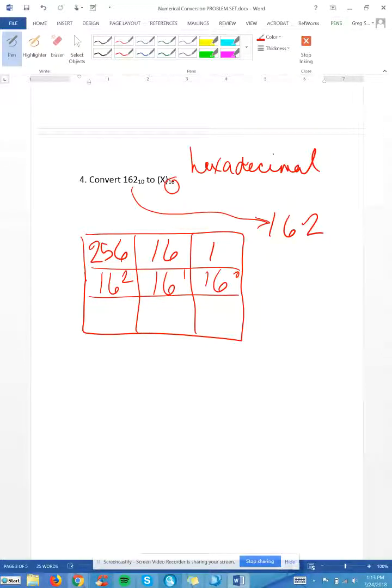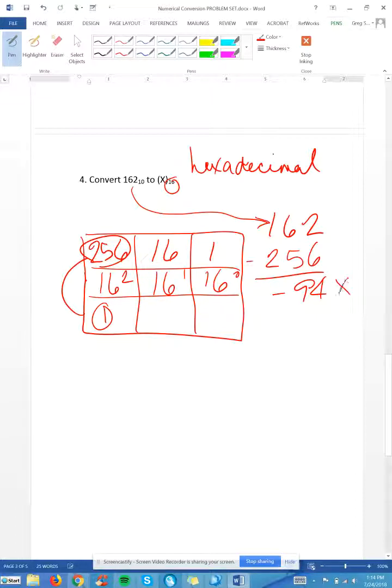Okay, so how many 256s can you subtract from 162 and still get a positive or 0 result? Even if you were to subtract 1, your result would already be negative, right? So there's not going to be any. If you were to subtract 1 of the 256s, your result would be negative 94.